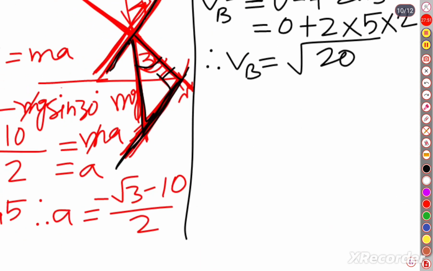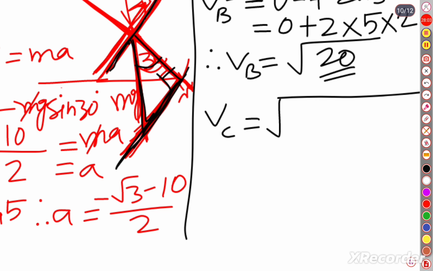V is equal to square root over u square plus 2as. Let us write the values directly.